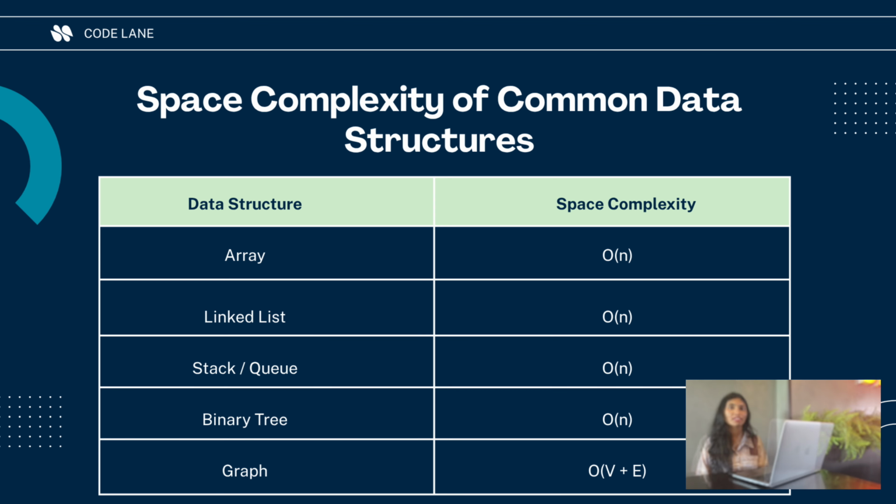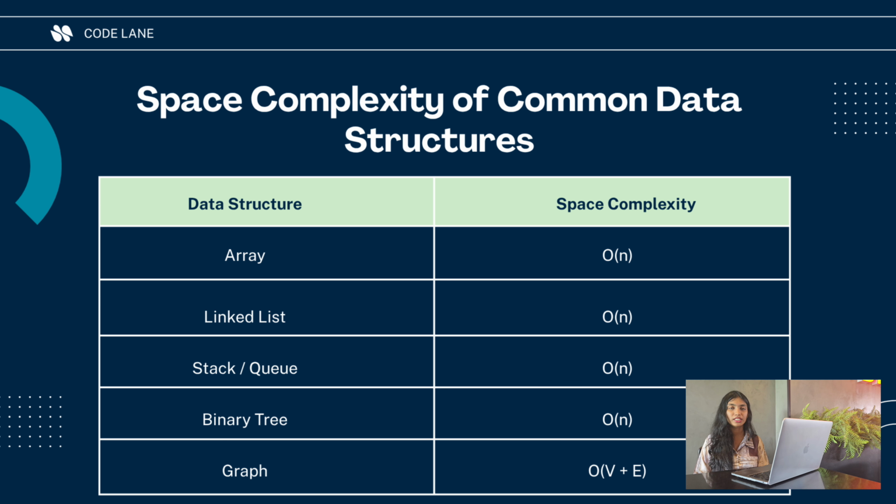Let's look at some common data structures. Arrays store multiple elements resulting in O(n) space complexity. Linked lists also require O(n) space because each node occupies memory. Stacks and queues grow as elements are added, leading to O(n) space complexity.